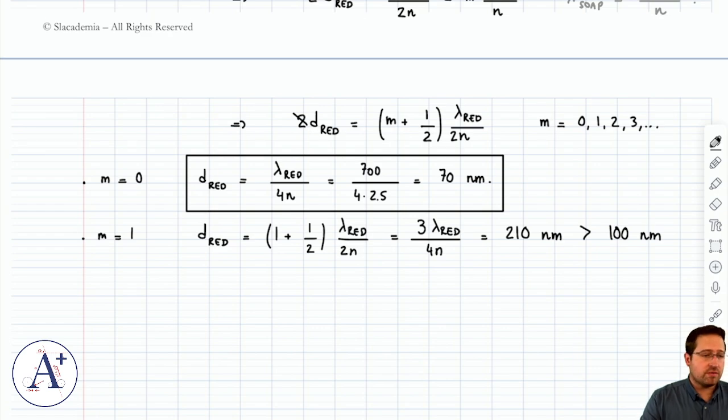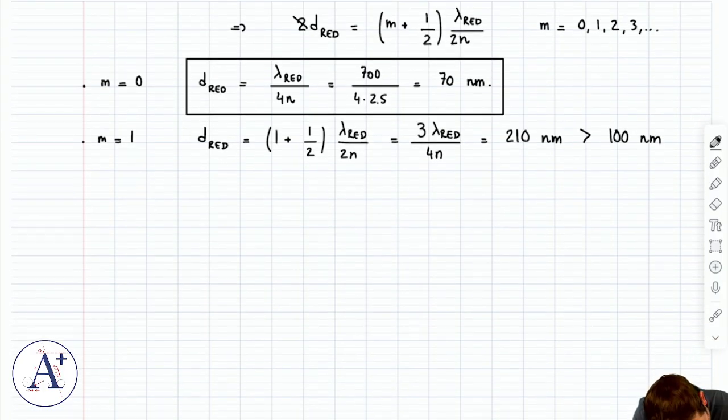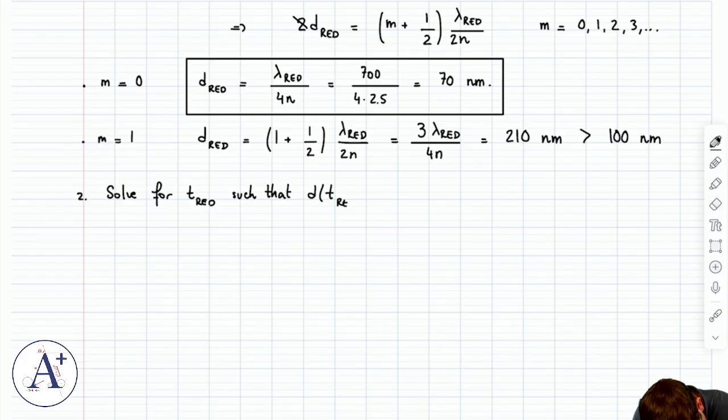Okay, and so then we can figure out, well, how long did it take for that to happen? Okay, so let's solve for t red, the time at which d of t is equal to d red.